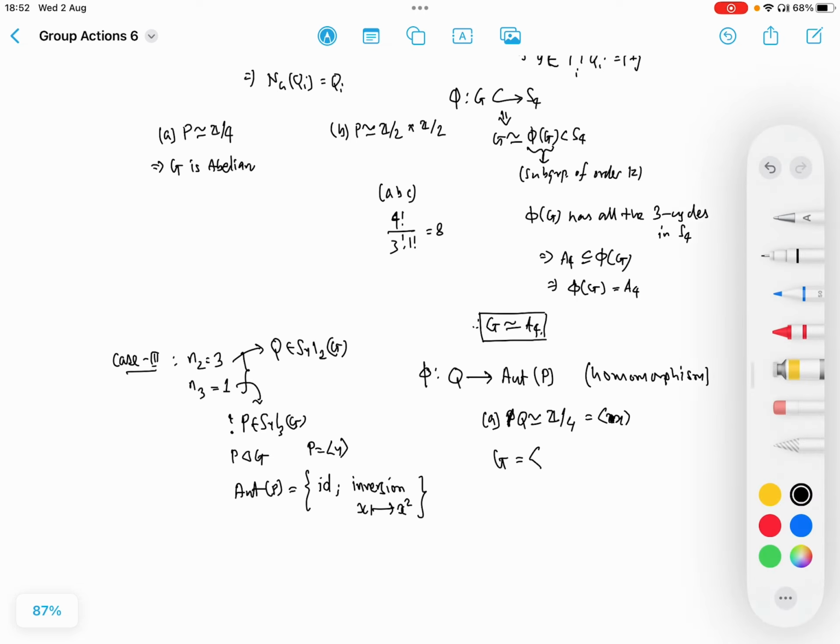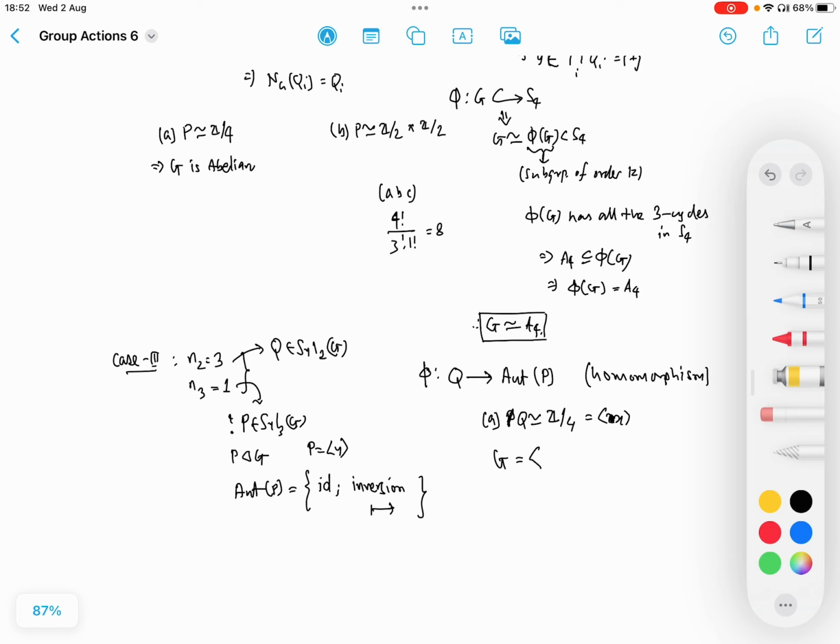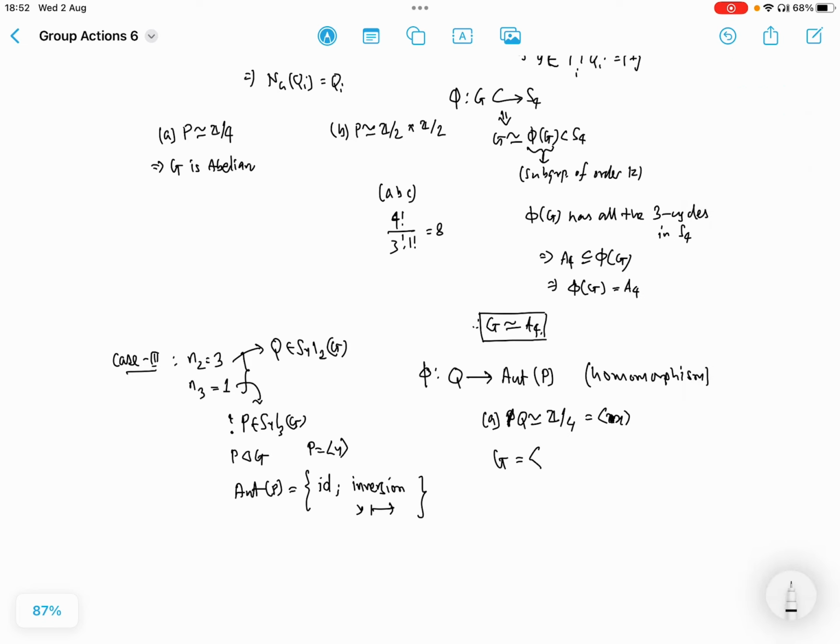So maybe I should change this map, otherwise it is confusing. So here, these are the two possible maps, and we are not taking this one because this will again lead us to abelian cases, because it will be again the usual direct product.